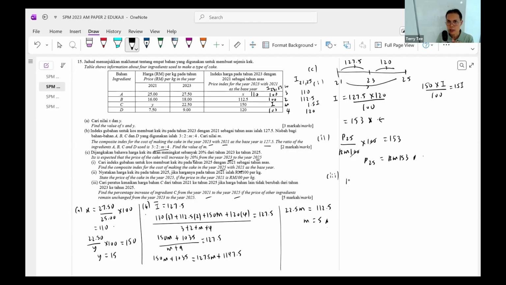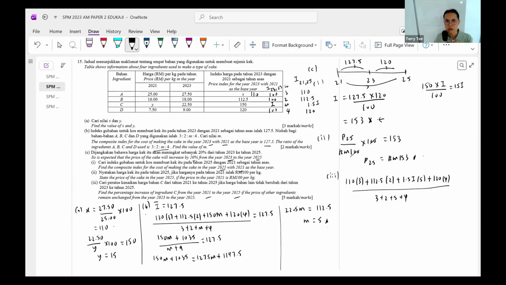So let's take 110 times the weightage 3 for the first one, 112.5 weightage 2, next one 1.5 I, weightage is M. What's your M just now? 5. Then the next one is 120 times 4. Your total weightage is 14.